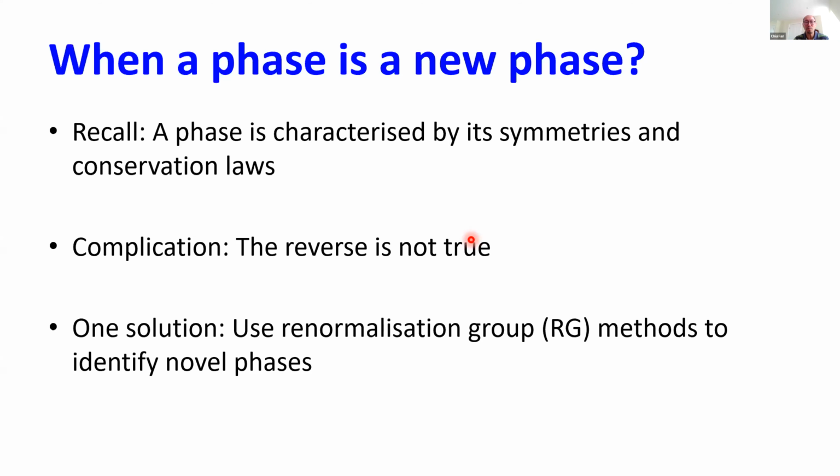But then one solution is to use the renormalization group method to identify novel phases. Now, renormalization group methods should be familiar, well, at least the term should be familiar to all physicists.